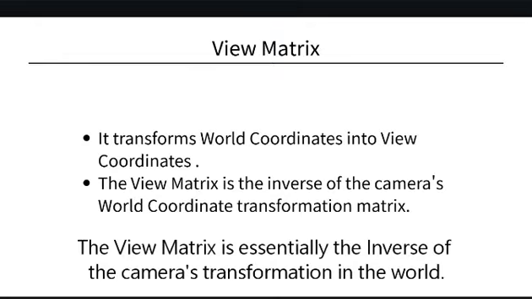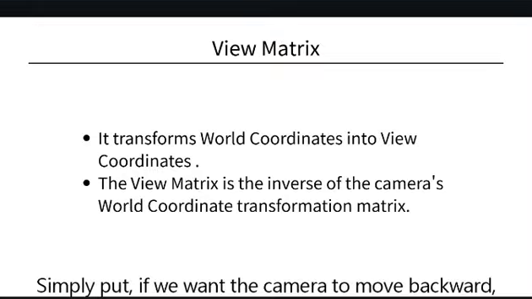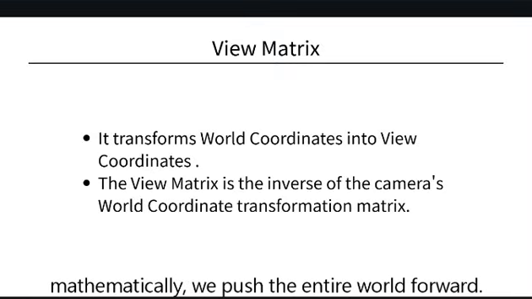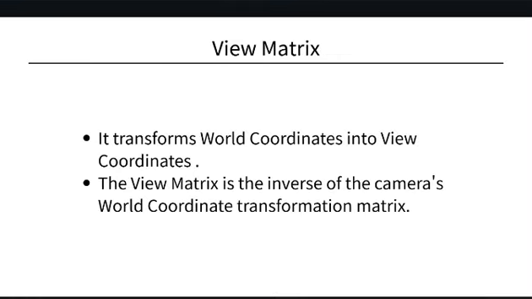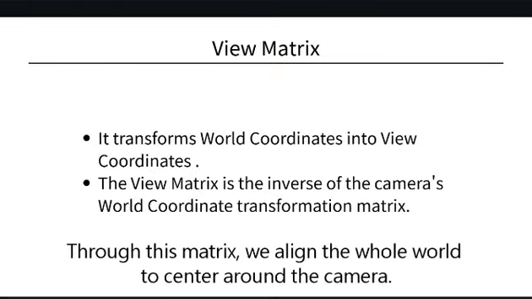The view matrix is essentially the inverse of the camera's transformation in the world. Simply put, if we want the camera to move backward, mathematically we push the entire world forward. Through this matrix, we align the whole world to center around the camera.